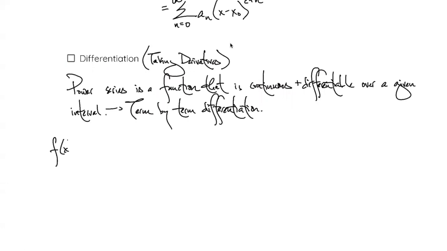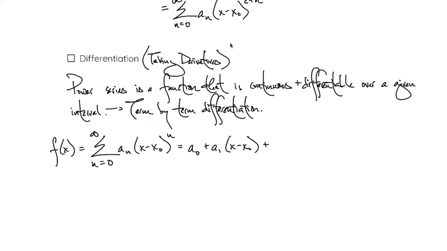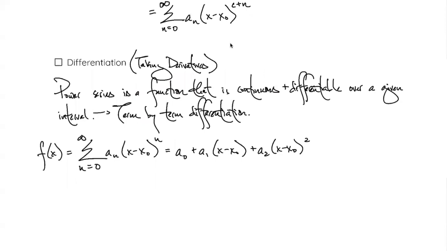If f of x equals the power series, right? So we have that as our power series. Let's write out a few terms: a sub 0 plus a sub 1 times x minus x naught, plus a sub 2 times x minus x naught squared.